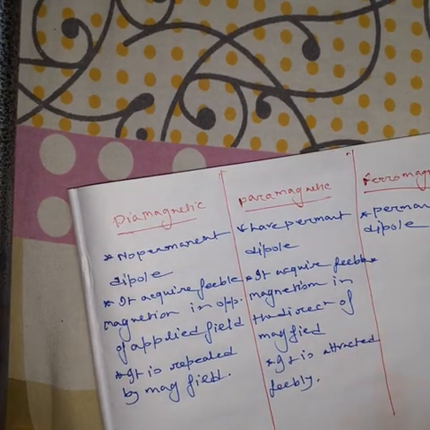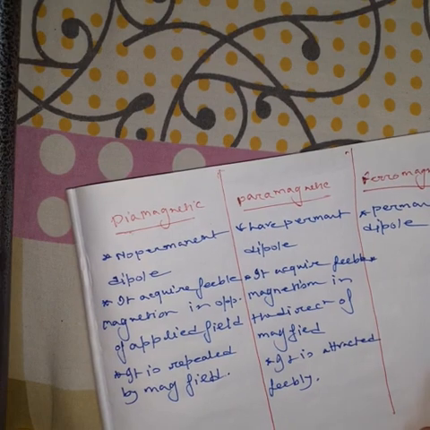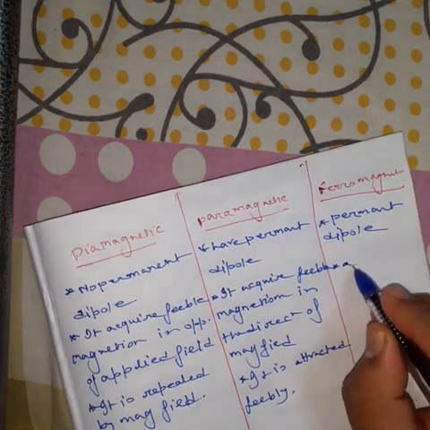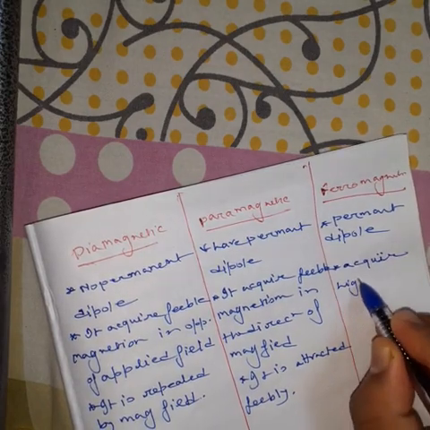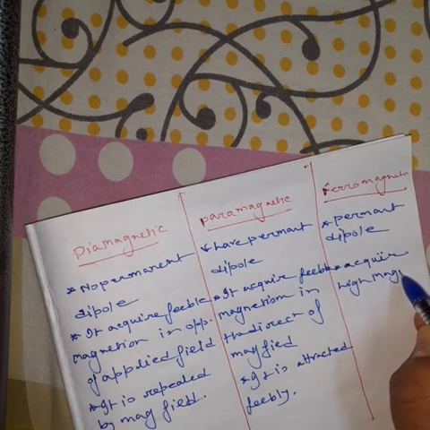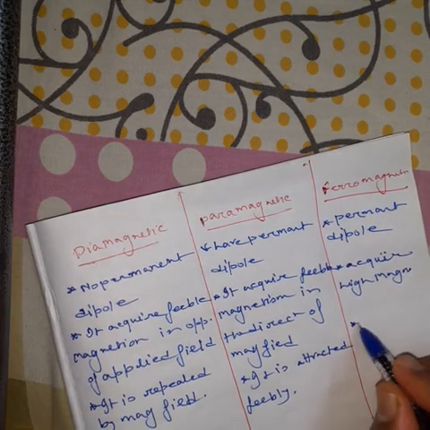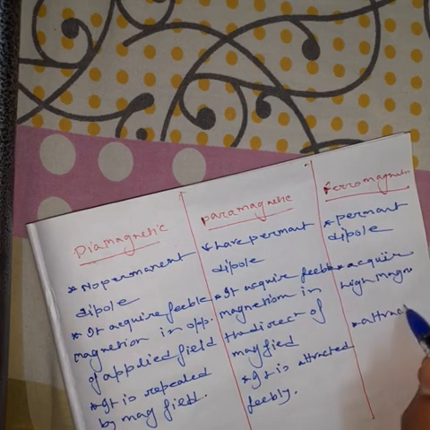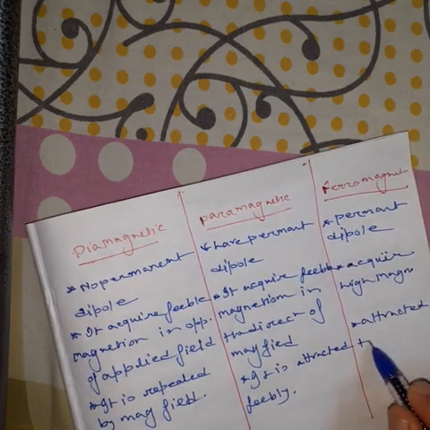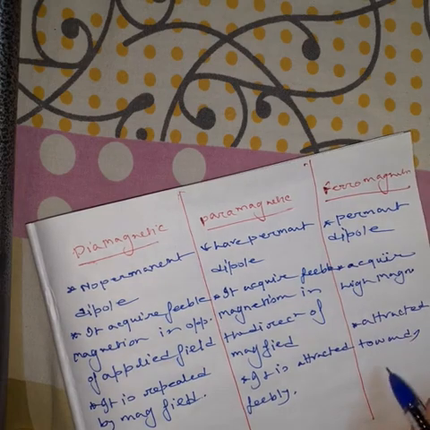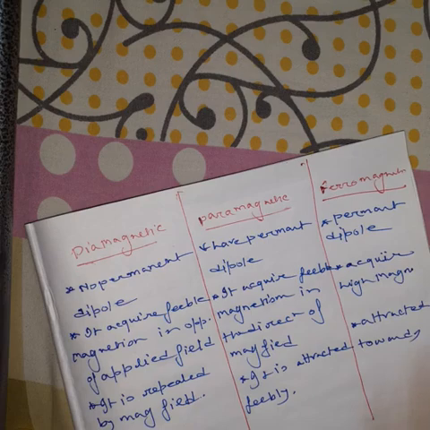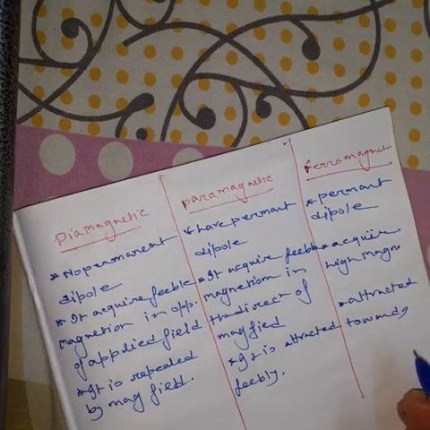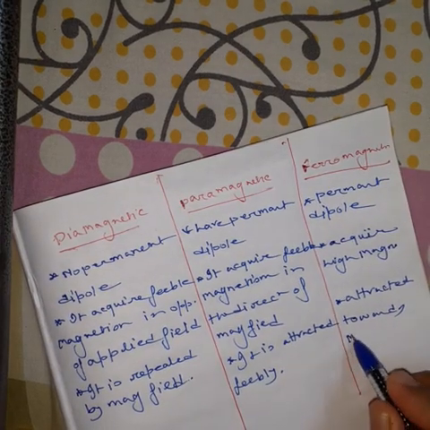In case of ferromagnetism, they already have dipoles, so they acquire high magnetism and therefore are attracted towards the magnetic field. Ferromagnetic materials are the materials like iron that is attracted towards a magnet and all.